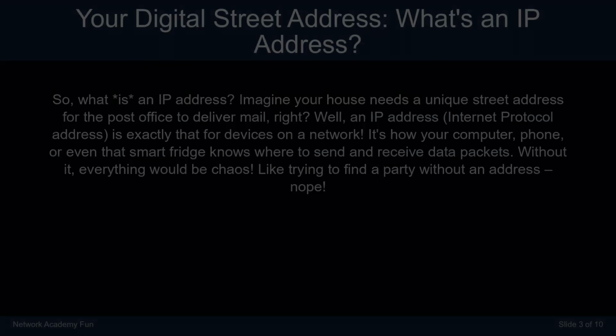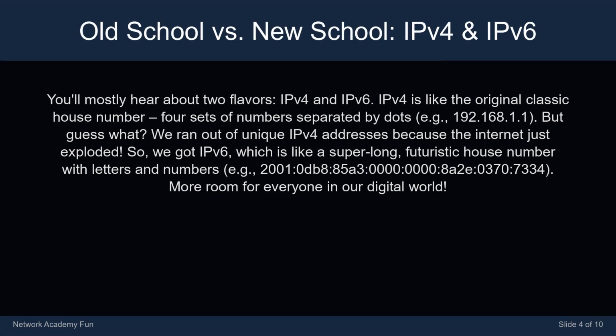Nope. You'll mostly hear about two flavors: IPv4 and IPv6. IPv4 is like the original classic house number, 4 sets of numbers separated by dots. E.g., 192.168.1.1. But guess what? We ran out of unique IPv4 addresses because the internet just exploded.